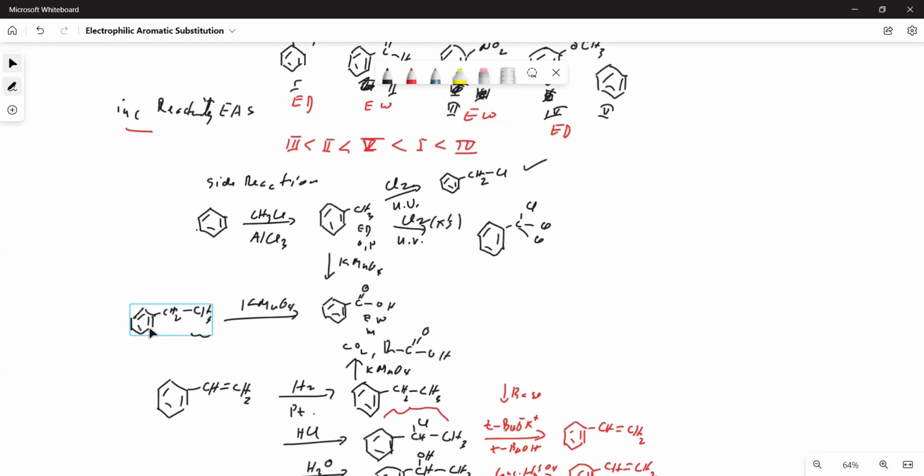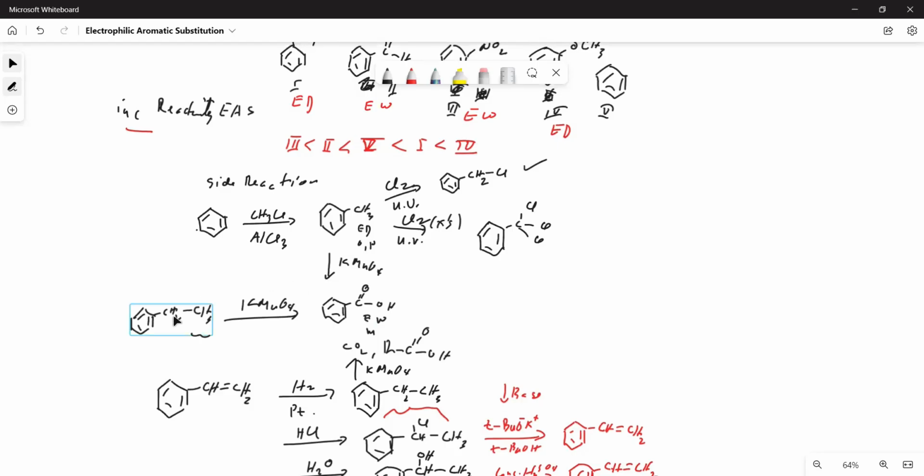Okay, look at this. Supposing you have ethyl benzene instead of methyl benzene. If you add an oxidizing agent like potassium permanganate, it will always produce benzoic acid. The same thing here. For methyl benzene, if you add an oxidizing agent, the methyl group will become carboxylic acid group.